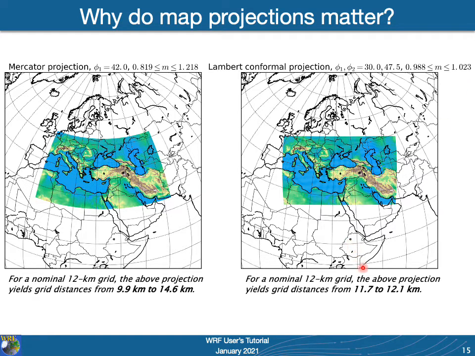And this means that our geographic grid distances for a 12-kilometer nominal grid distance go from about 11.7 kilometers to 12.1 kilometers. So both of these domains cover roughly the same geographic area, but by simply choosing a different map projection that's better suited for mid-latitudes, we can get much less scale distortion in our model domain.